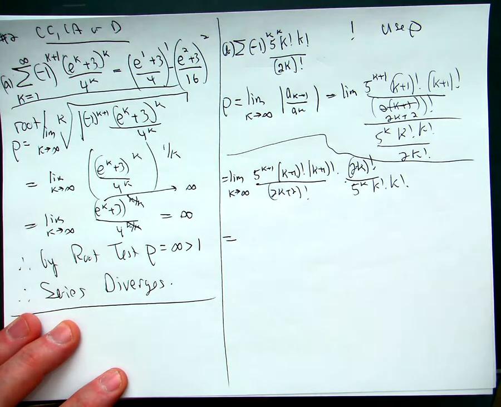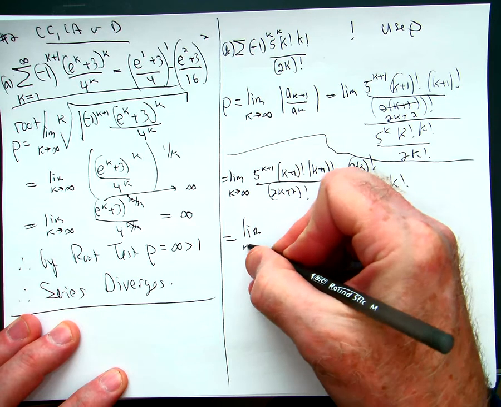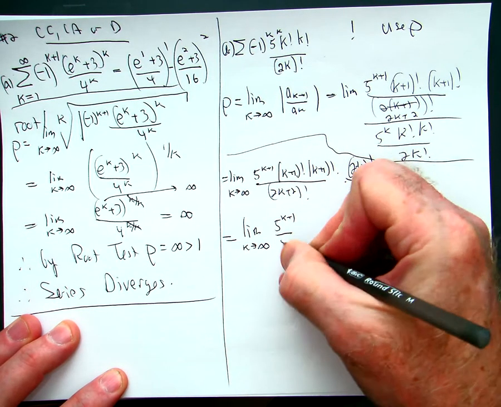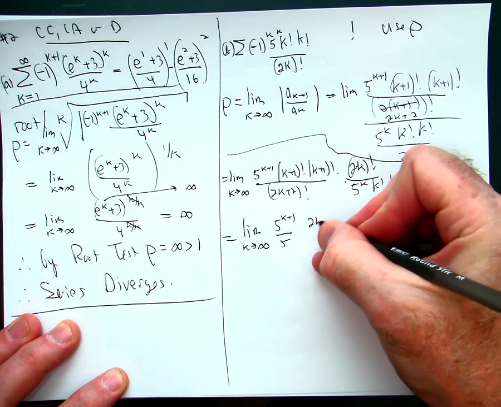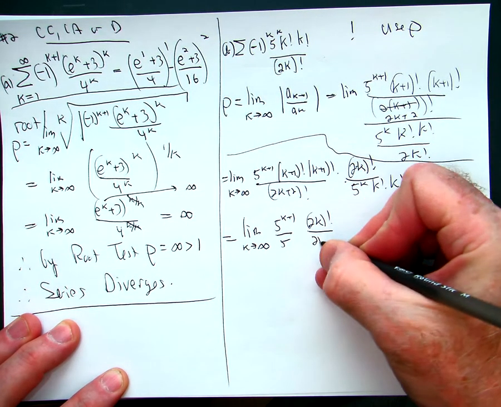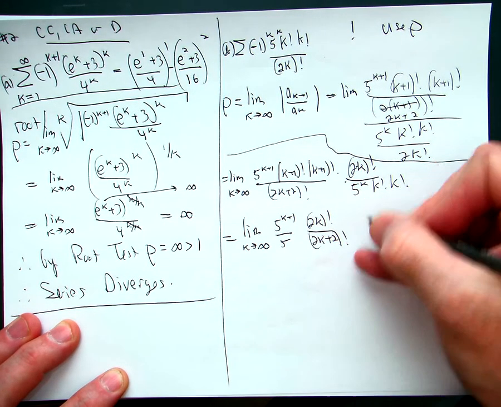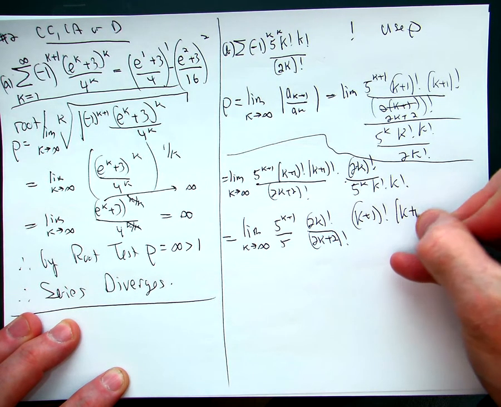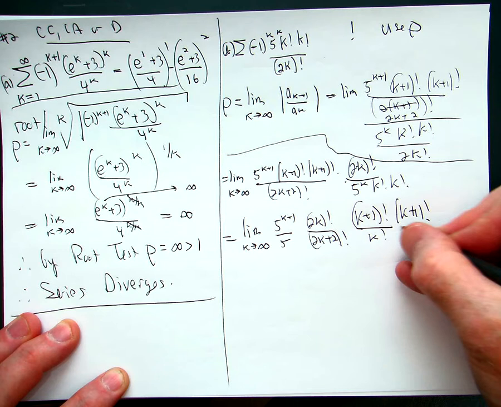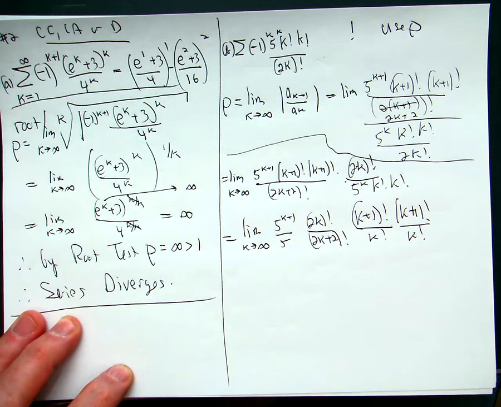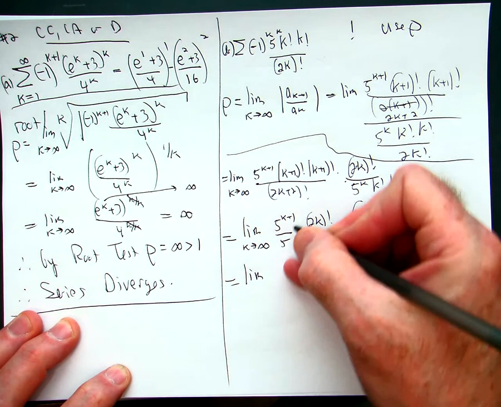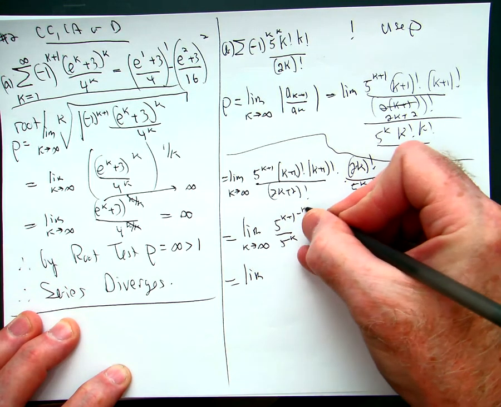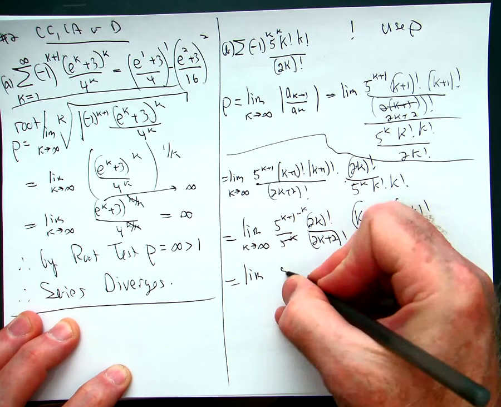And what I'm going to do is just gather like terms now. Remember, if this limit is greater than 1, I have divergence. So I'll put the 5's together. I'll put the 2k's together. And I'll put the k plus 1's together. Okay. So I've gathered the like terms, and now I simplify. This is going to be just 5 because I'm going to subtract k there.